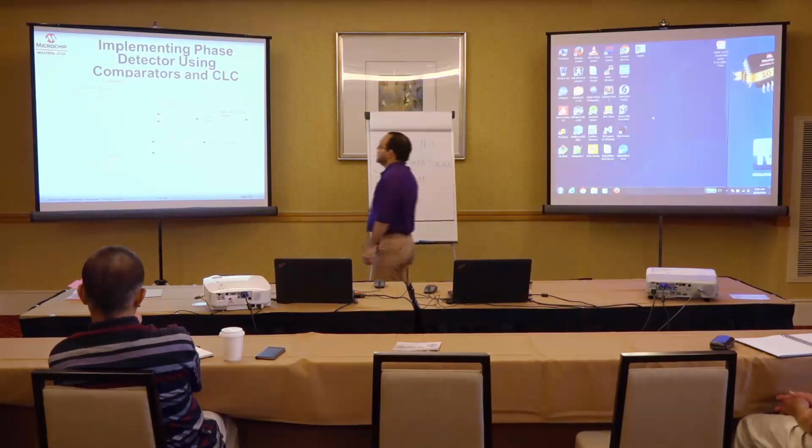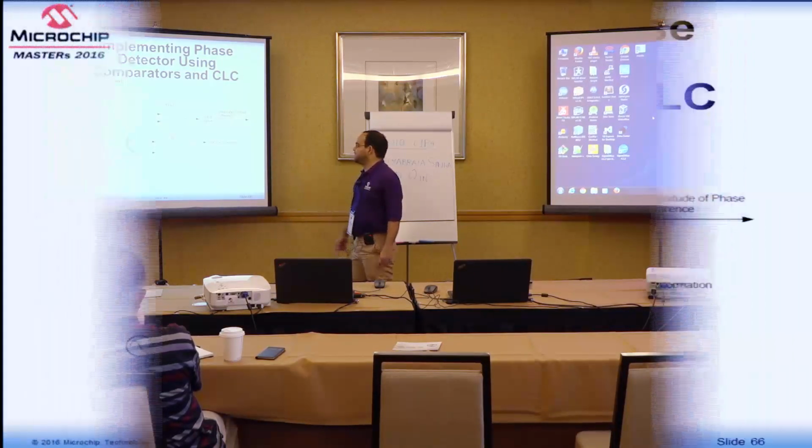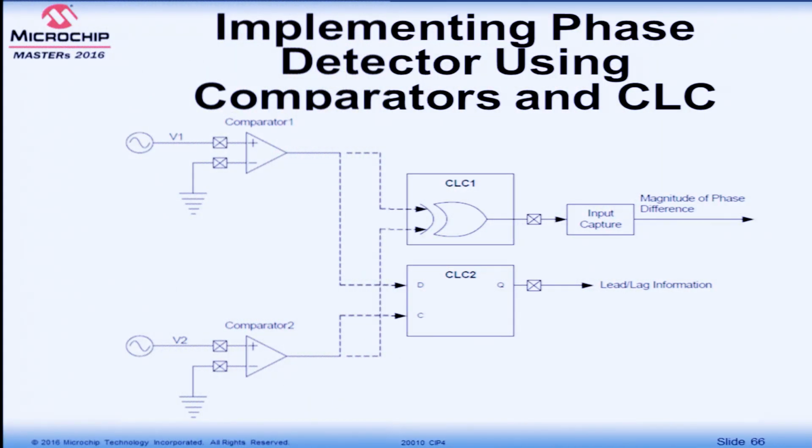So, for CLC1 you would provide basically the two signals in an XOR fashion. So, does CLC have an XOR mode? If you remember, do you remember? It does not natively have an XOR mode, it has an AND-OR mode and I think some other mode as well.